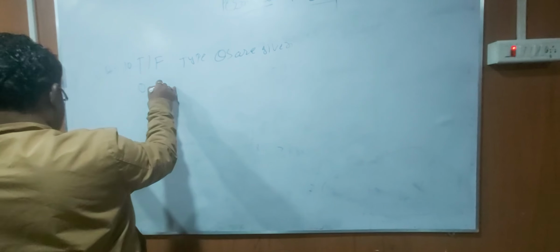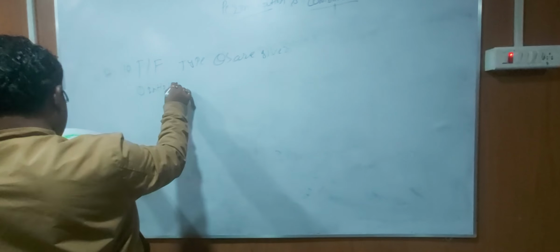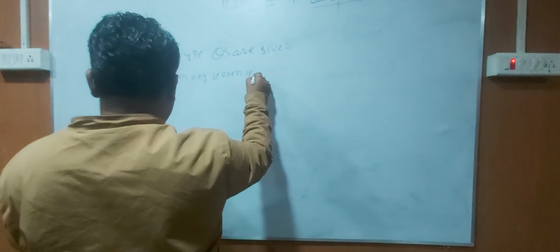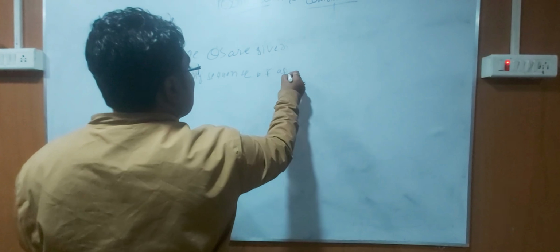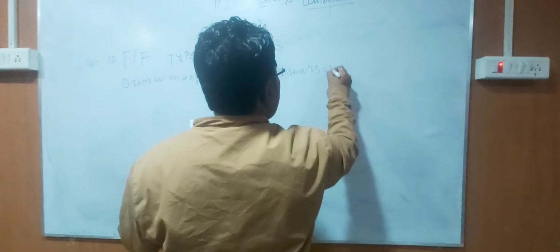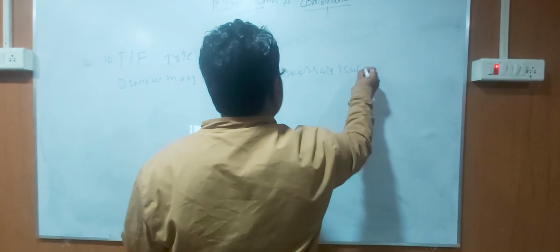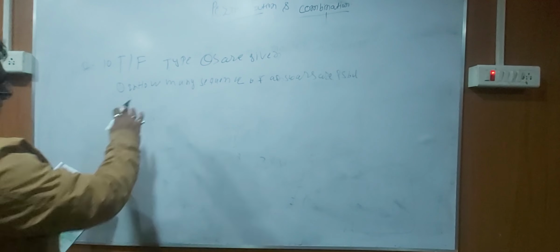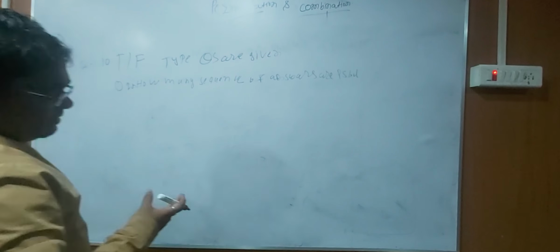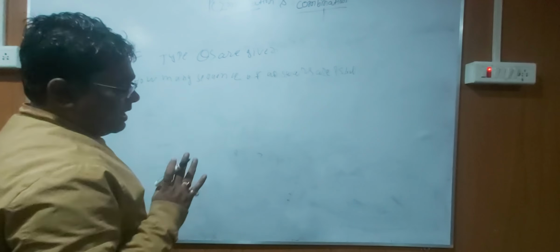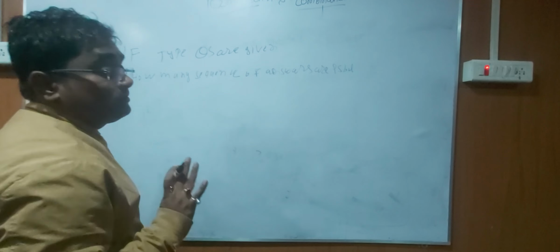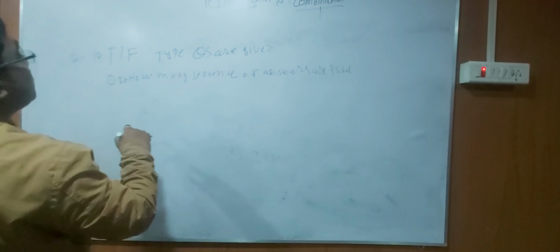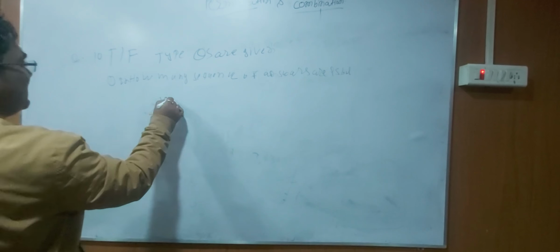First question: in how many sequences of answers are possible? How many sequences of answers are possible? Okay, this is like I told a few minutes ago, like coin, like day, clean, cloudy, like bulb on off. Then the number of sequences of answers possible is 2 to the power 10.